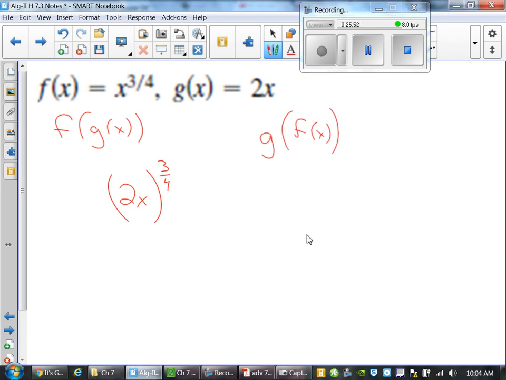Start with the f of x equation. And then you surround it. Is there anything you can do there? Did I just leave it as 2 times x to the 3/4, or did I have to leave it with parentheses? Okay. Really all there is to a lot of this. Really what you're going to screw up more often than not is distributing the negative. You're going to forget to do that.